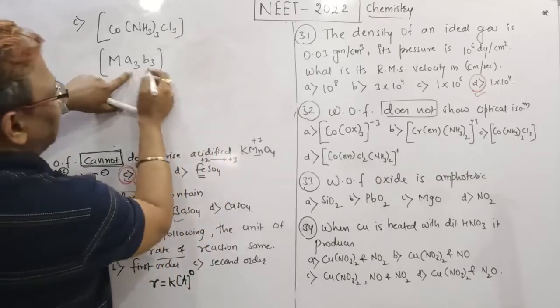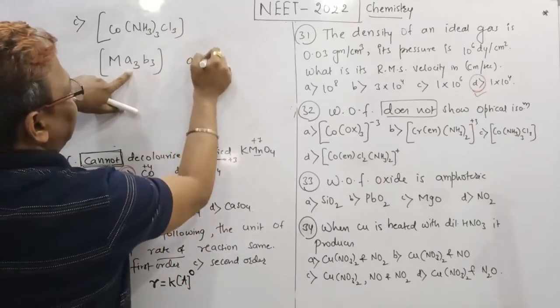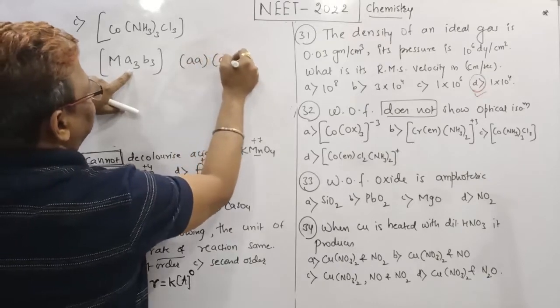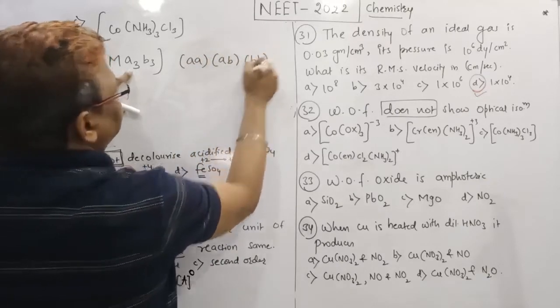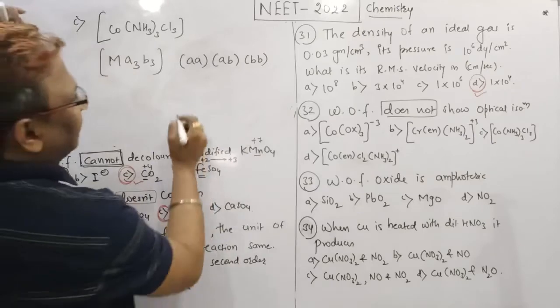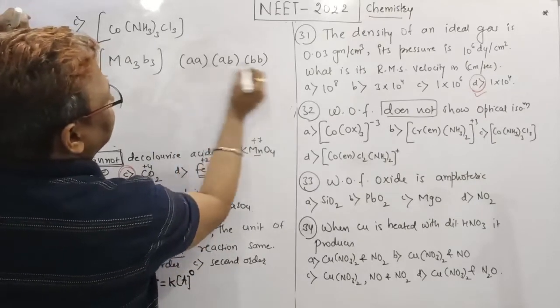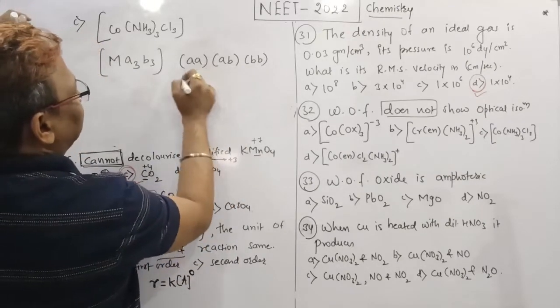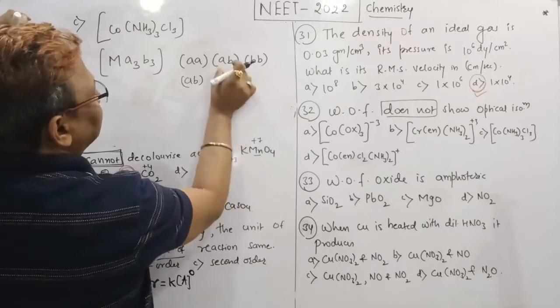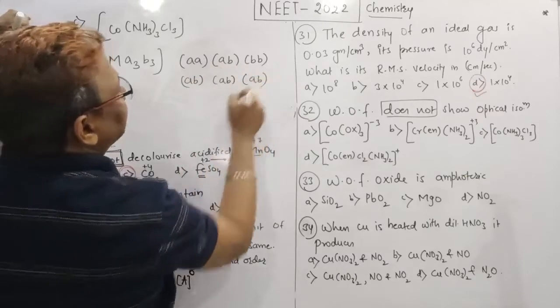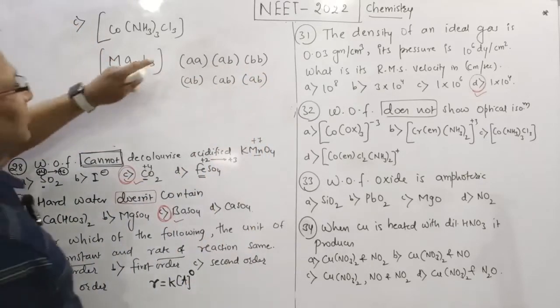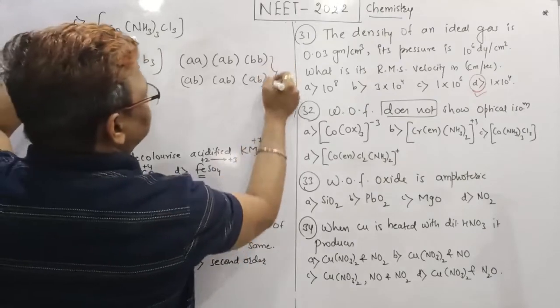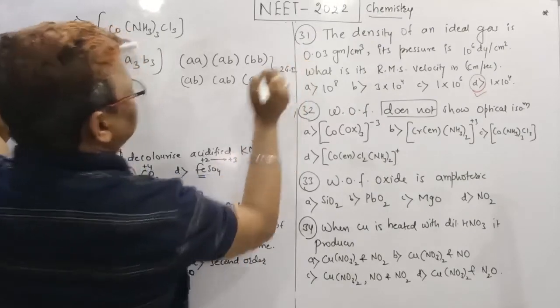Make a pairing of it: A, A, then B, B. That is one pairing. One more pairing we can make: A to B, A to B. That is AB and AB. Is it clear? So these components can show two geometrical isomers.